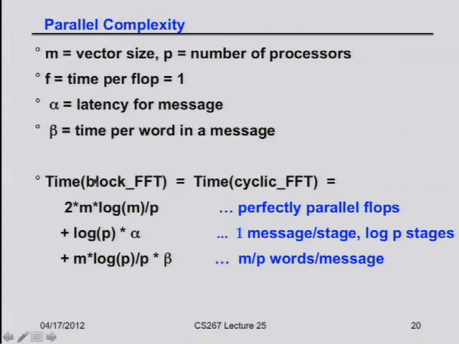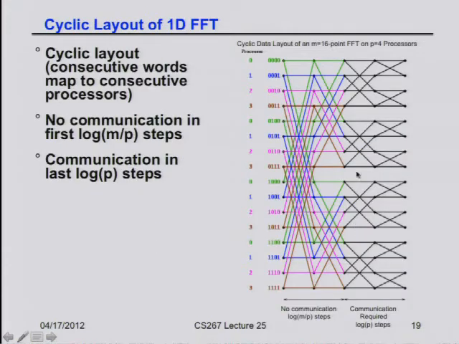So the time for either one of those algorithms, whether I lay it out in a block or lay it out cyclically, the parallelism is perfect. I'm doing 2m log m floating point operations, and every processor gets 1/p of it, so that's a perfect layout. I have log p levels in which I have to communicate, so there I have log p messages. So that corresponds to all these guys here.